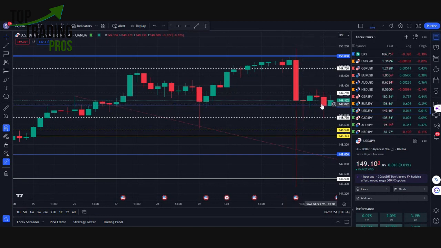With this 149 area being the target, it is still below that minor quarter area of 149.25 before the news comes out. So this is just providing a buffer, so that when the news comes out, it has a very small buffer until it makes it back down to the weekly open. That's what we're seeing here right now.